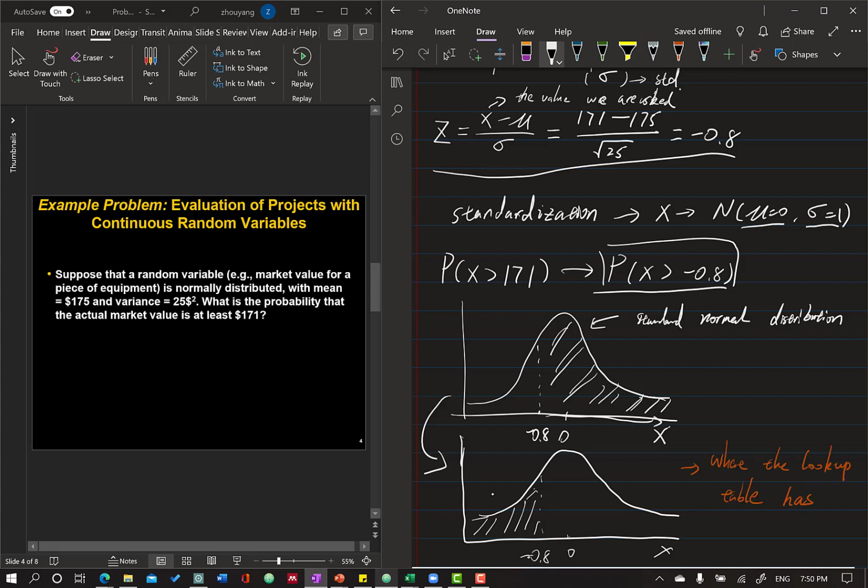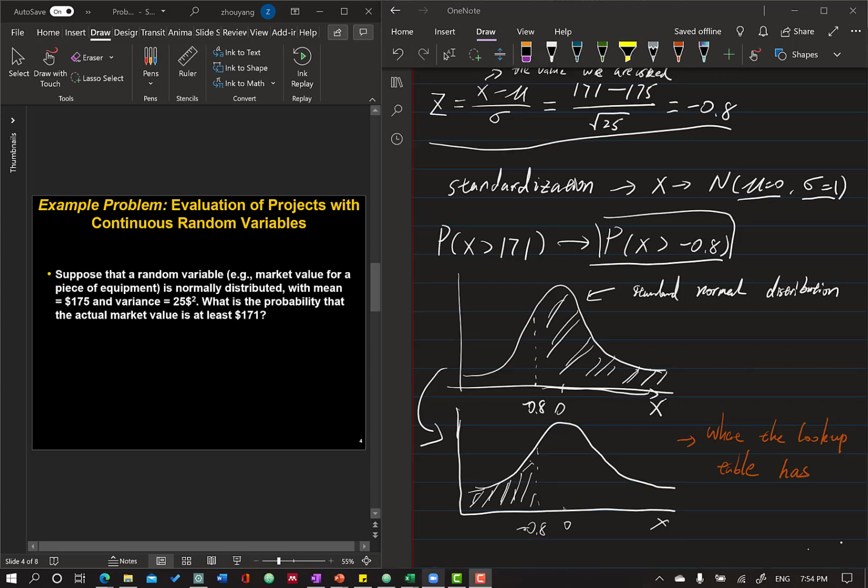How do we get the expression for the shaded area below the negative 0.8 point? It's very straightforward given this graph. For any probability distribution, the sum of all the probabilities is 1.